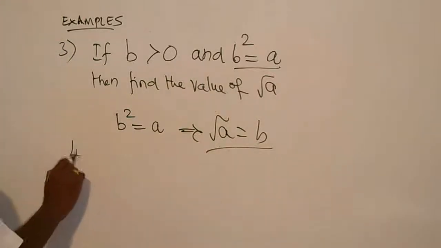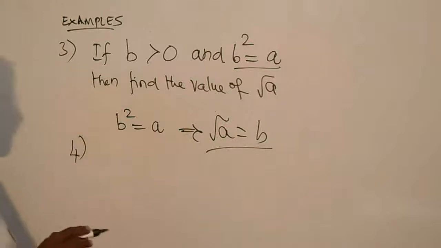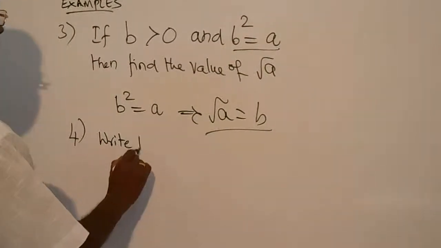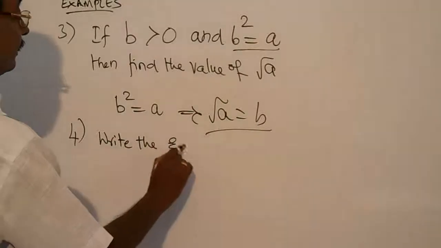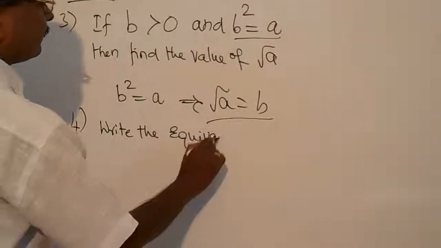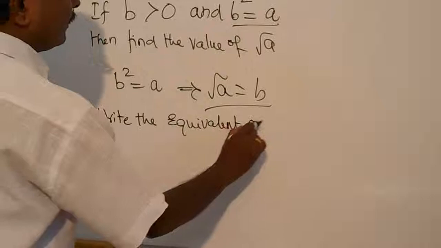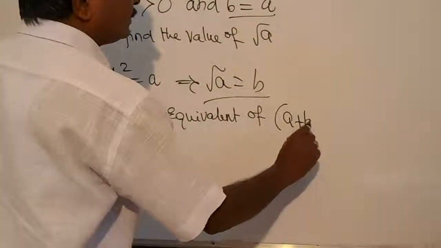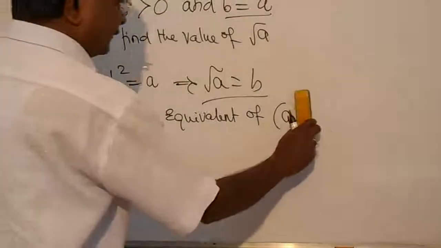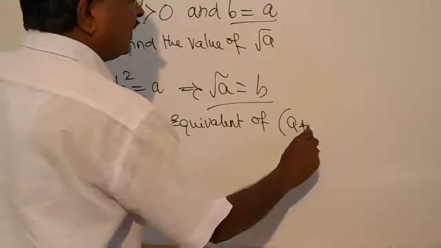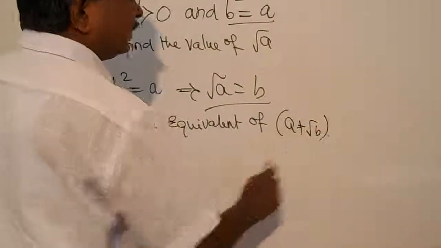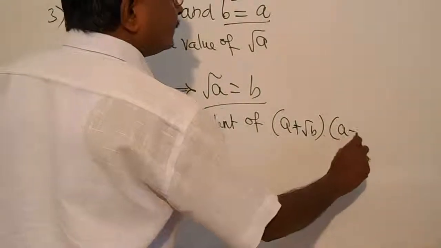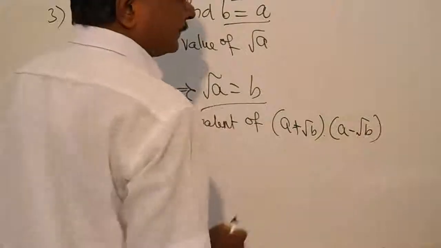Next, number 4. Write the equivalent of a plus root b into bracket, a minus root b.